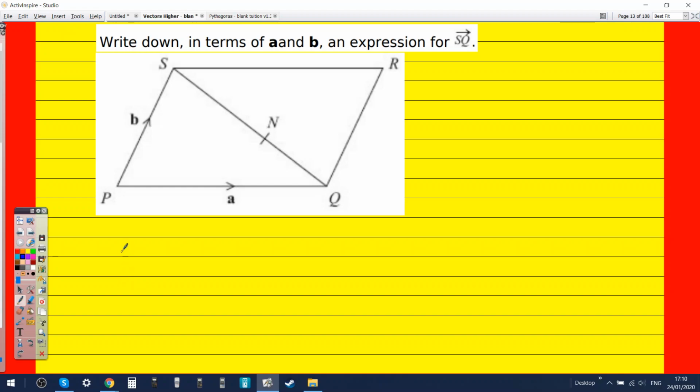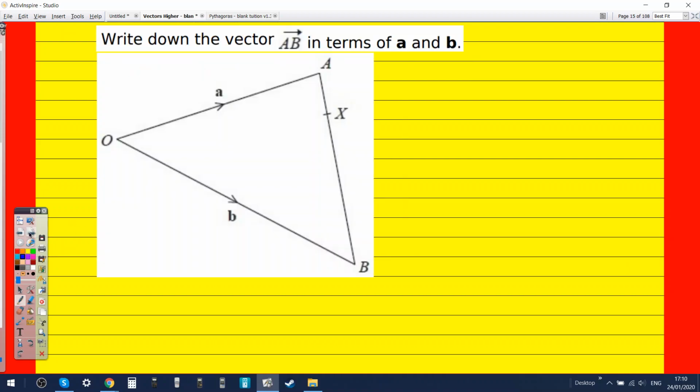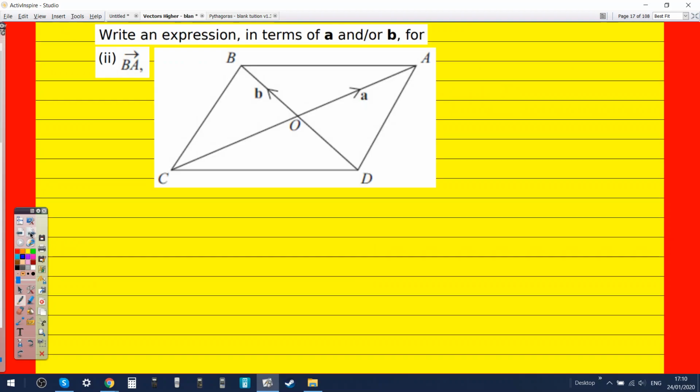Okay, how about this one? S to Q, so it is -b plus a. Great. How about this? -a plus b. Great.